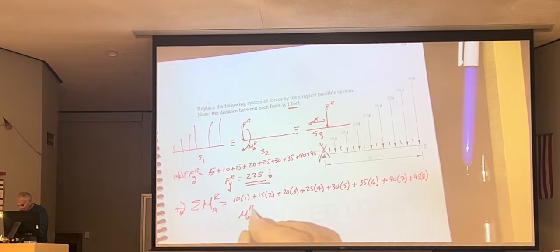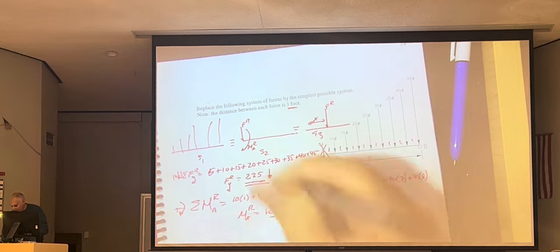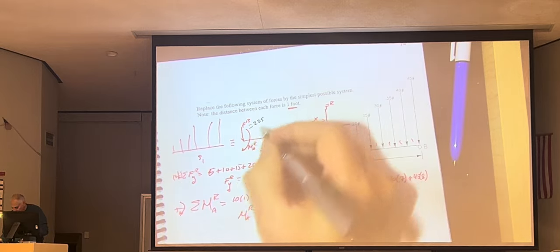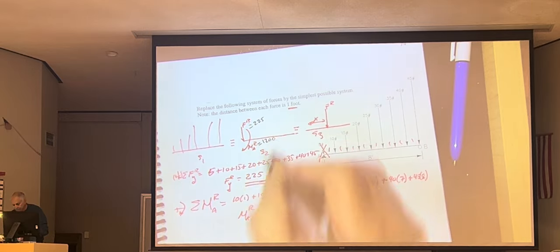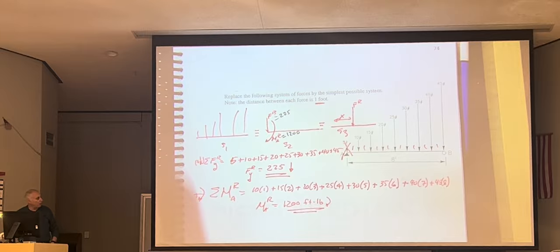Moment A resultant is 1,200 foot-pounds clockwise. So I now know, hey, this is 225, this is 1,200. I just reduced down to a single force and a single moment.